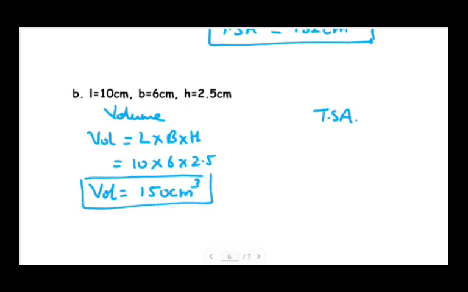TSA is equal to twice of length into breadth plus breadth into height plus length into height.